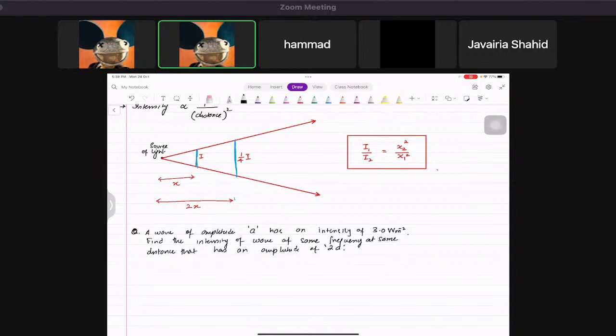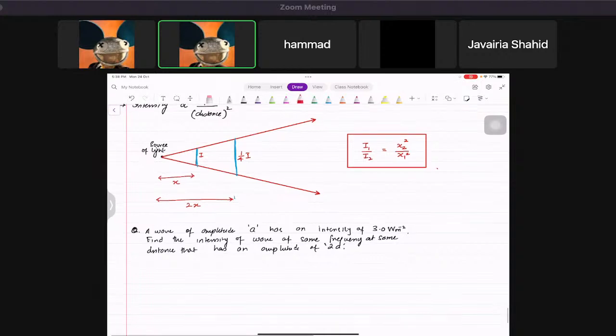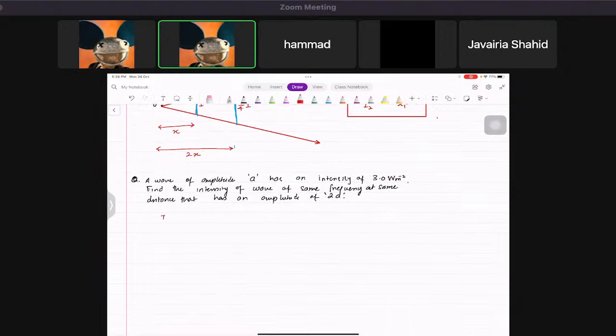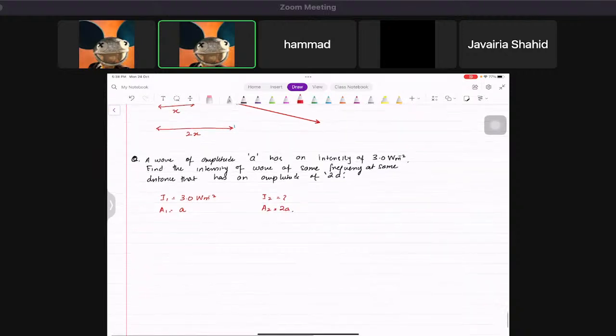Now because the amplitude is changing, I know that the intensity I1 for the first wave was this, and for the first, the amplitude was A. For the second one, we want to find the intensity when the amplitude A2 was 2A. So now I can simply use the equation: I1 over I2 is equal to A1 squared over A2 squared. I1 is 3.0, I want to find I2.